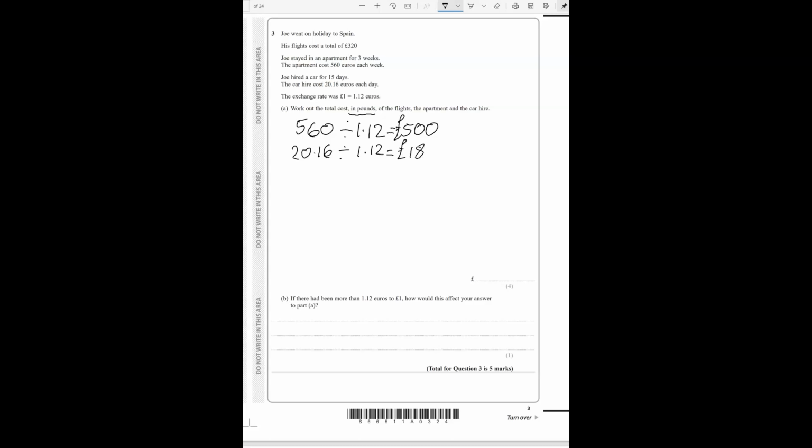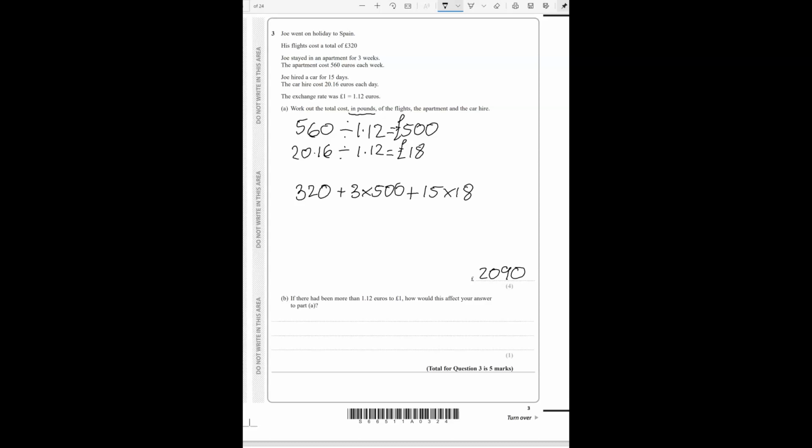Right, so we've got these flights plus 3 lots of 500 plus 15 lots of 18. Tap that all into your calculator, gives us 2090.